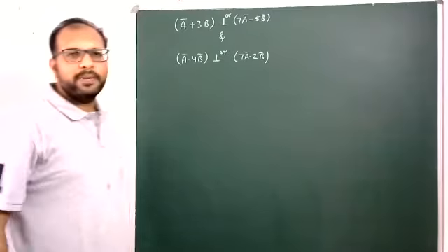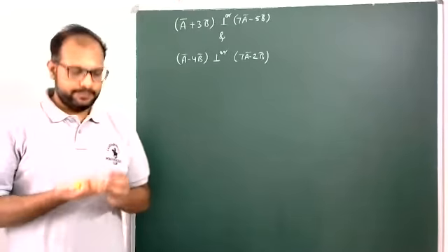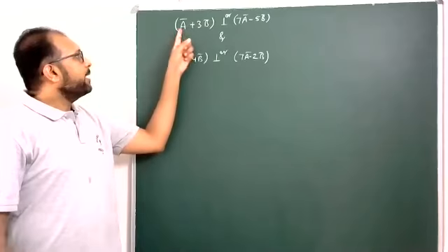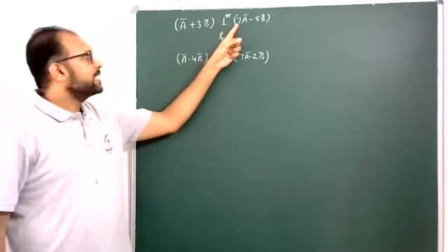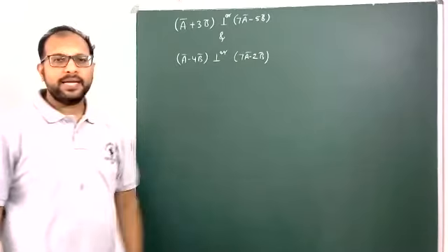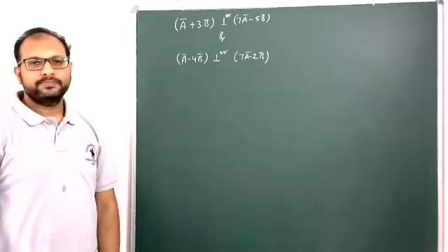Yes, students, no problem. Again, two vectors A bar and B bar. A bar plus 3B bar, that is one vector. 7A bar minus 5B bar, that is another vector. These two vectors are perpendicular.